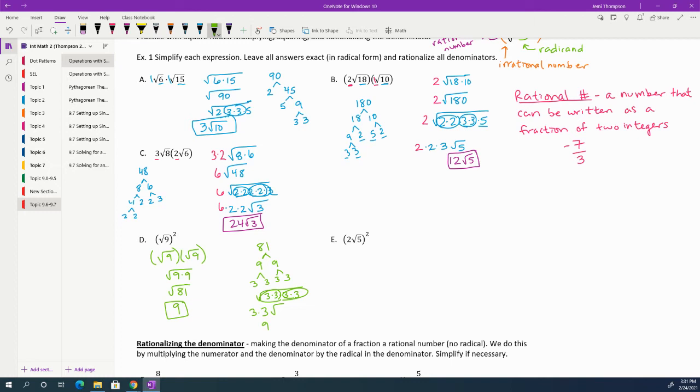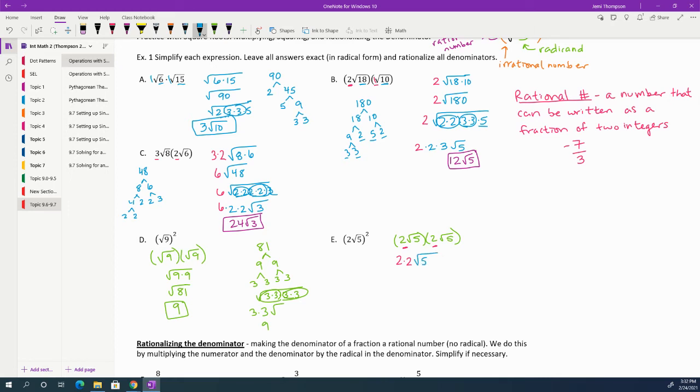So let's take a look at E. 2 square root of 5 all squared. So I have 2 square root 5 times 2 square root 5. So I'm going to multiply the real parts. I have 2 times 2 on the outside.